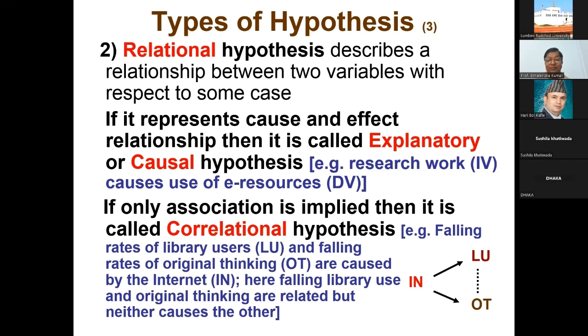As for example, we have seen that research work causes use of e-resources. When research scholars are mainly dependent on e-subscriptions of journals, e-books, or PDFs of books, then there is no need to purchase new books or journals.